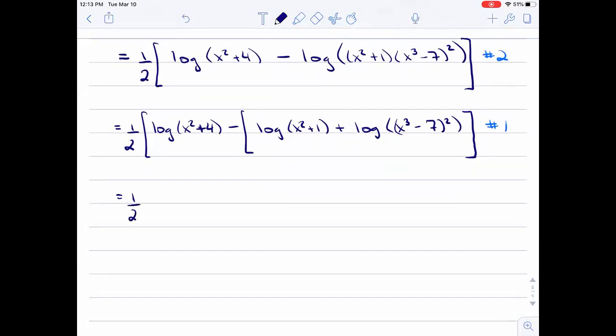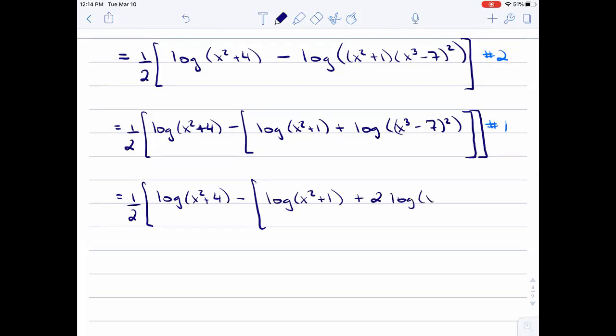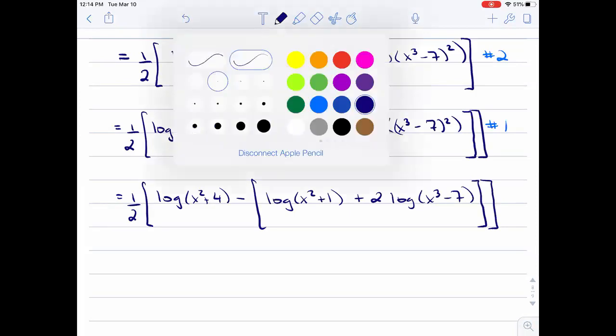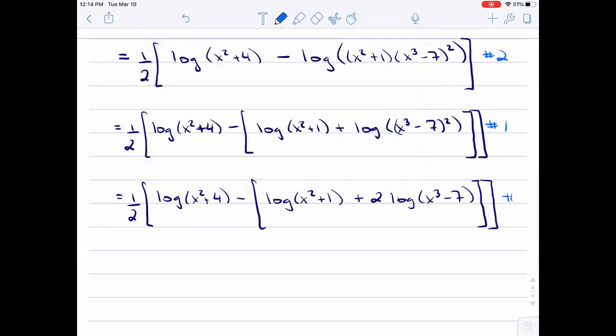We've got 1/2 all times, oh, I forgot a square bracket here, all times the log of x squared plus 4 minus the log of x squared plus 1 plus 2 times the log of x to the 3 minus 7. Square bracket, square bracket. And there I used law number 3 again.